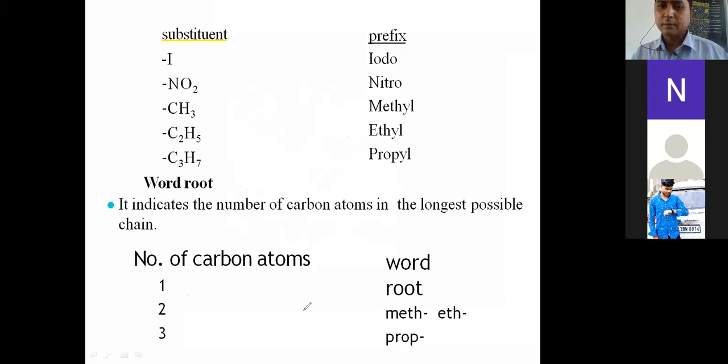If one carbon, it would be methane; if two carbons, ethane; for three carbons, propane. So for 1 carbon, meth; second carbon, eth; third carbon, prop. These are the word roots.